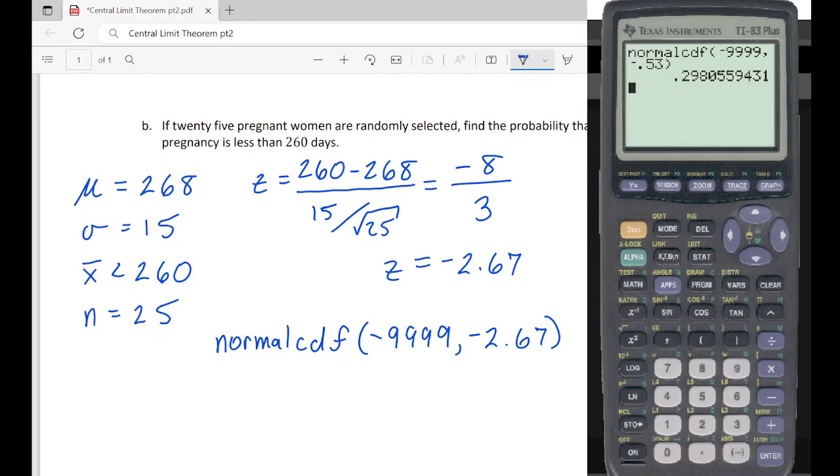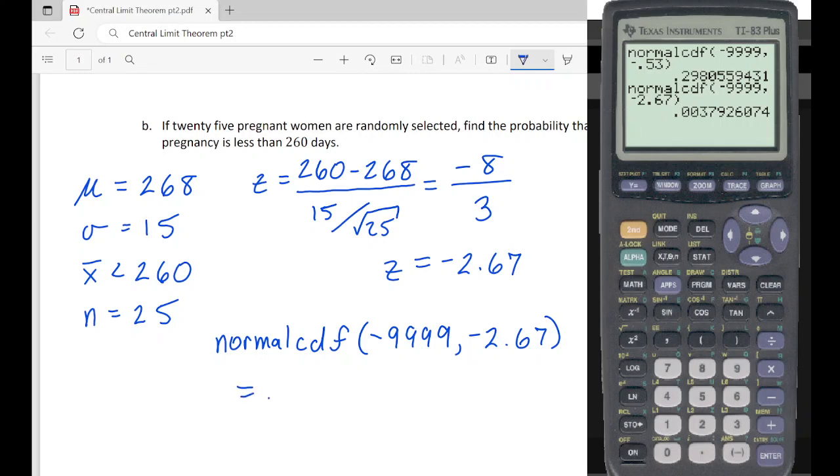And I'm just going to plug this into the calculator. So second vars, normal CDF, negative 9999, comma, negative 2.67, close, and we're going to get an answer of 0.0037, round that up to an 8.